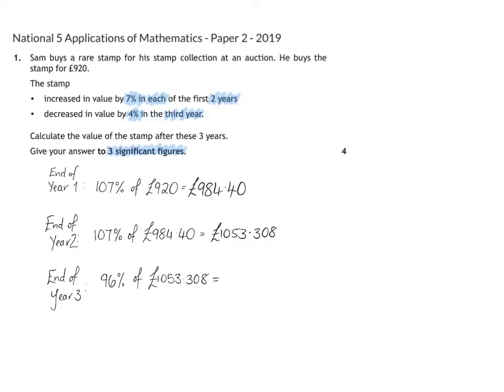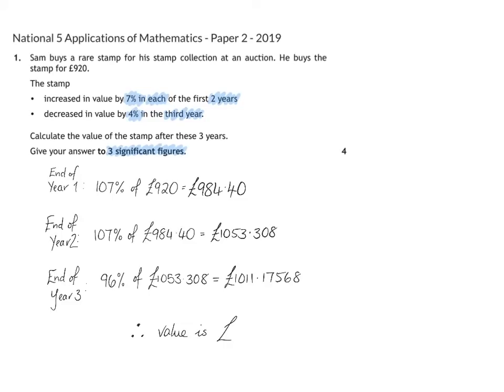We can either put 96%, 0.96, or 96 over 100. They're all exactly the same and will give us the exact same answer. So there we get £1,011.17568.